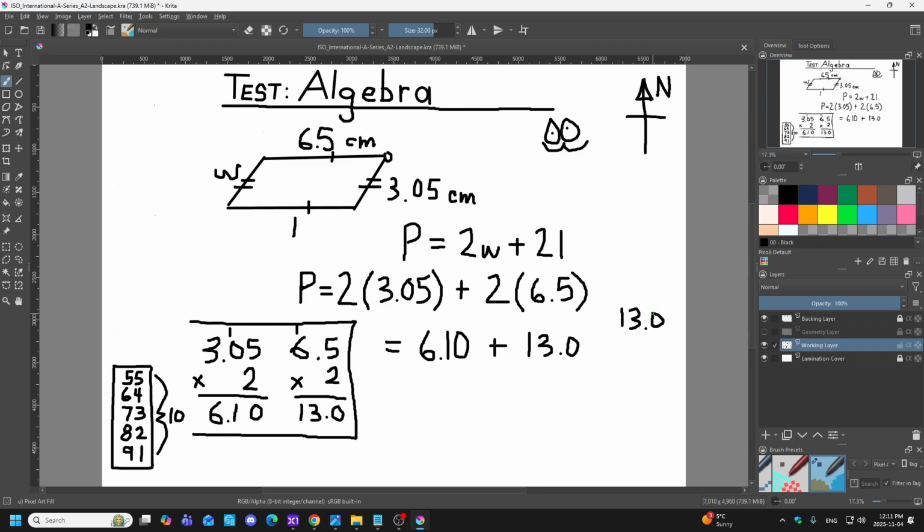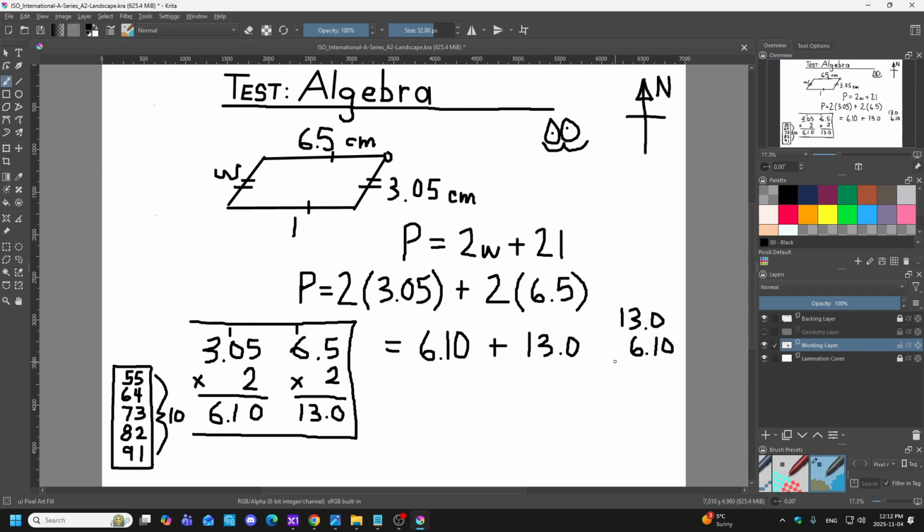Remember, when you're adding decimals, always line up your decimal position. 6 point, 6 point. One zero.